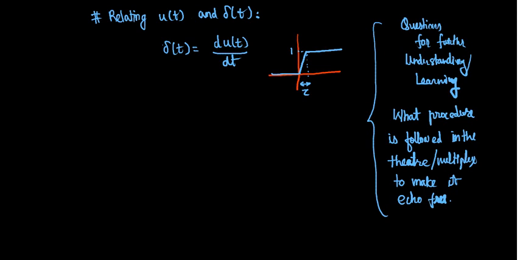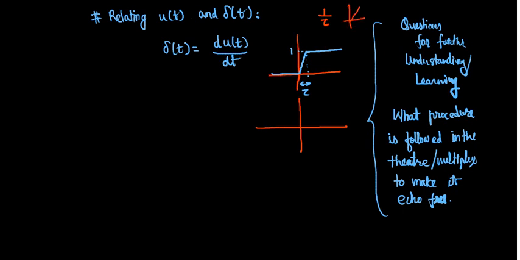This is a ramp. What is the slope of this? It is defined as 1 by tau, between 0 and tau. It is like a ramp, right?